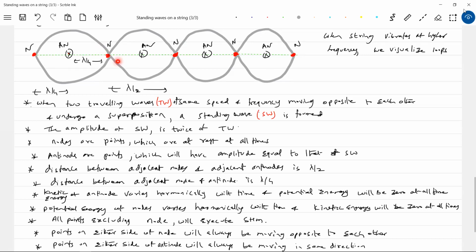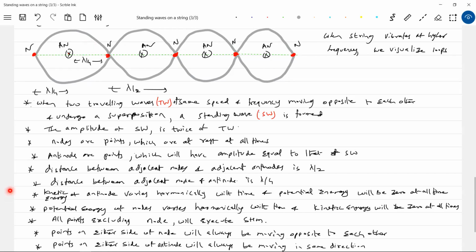Am I right? You don't get any other value. The phase difference between points on a string where a standing wave is set up will be either 0 or pi. These points will have pi radian. These points will have 0 phase difference. That's all.